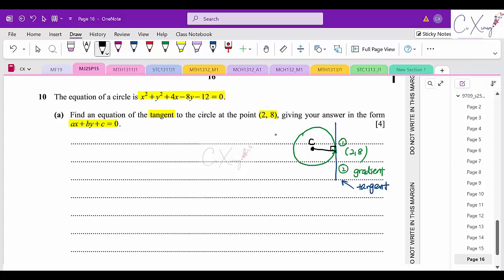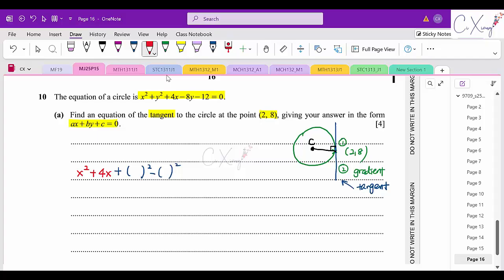So I need the center of the circle first before I can figure out the gradient. Let us start. To get the center, I want to change it into standard form by completing the square for x and y. I have x squared plus 4x, then plus something square minus something square.